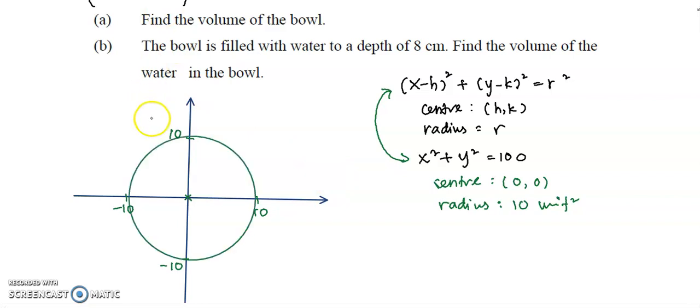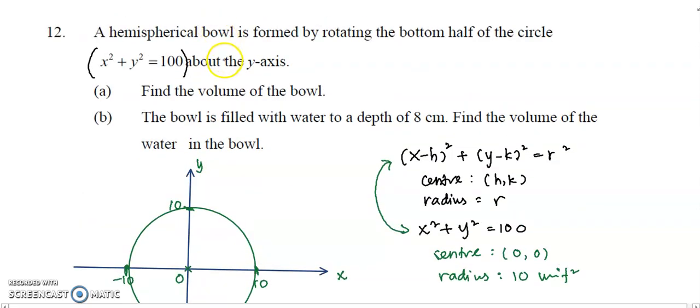After I sketch my circle, it will be roughly like that. It passes through the 4 points because the radius is 10 units. This is the center of the circle, this is the y-axis, and this is the x-axis.